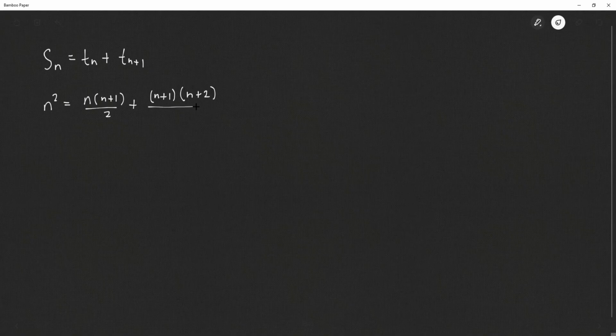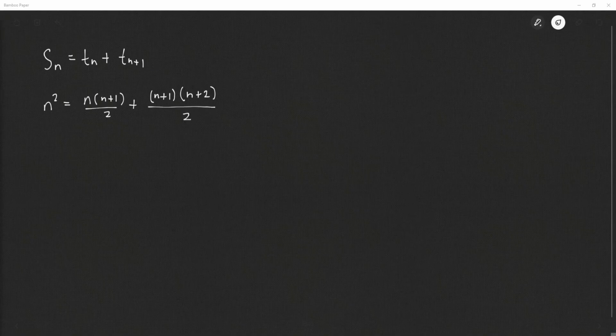And finally, we'll end off with a nice formula to know, just in case, where S of n is equal to T of n plus 1, which we can simplify and prove as n squared is equal to n times n plus 1 divided by 2, plus, and then this is going to become n plus 1 times n plus 2, all divided by 2.